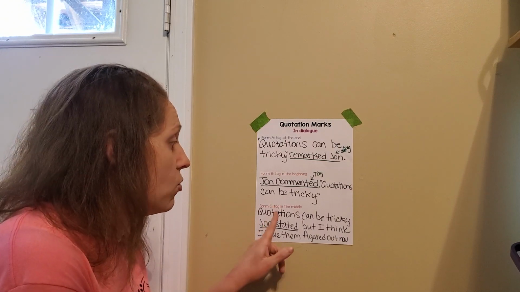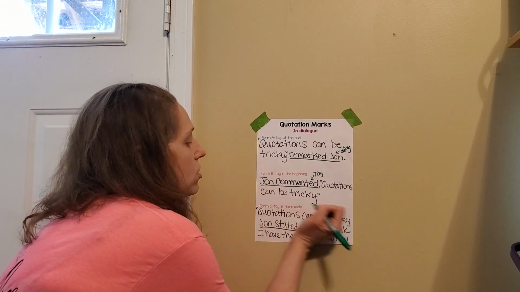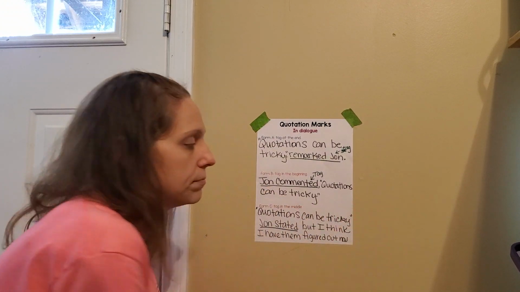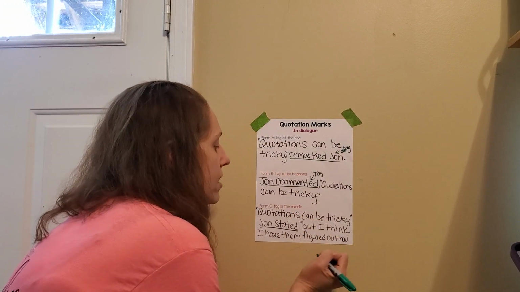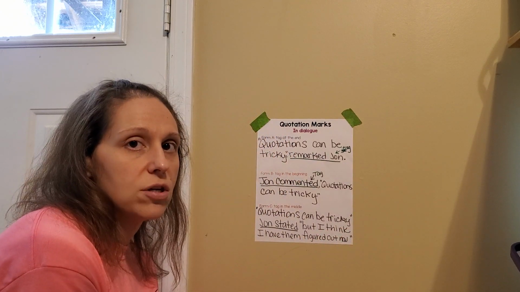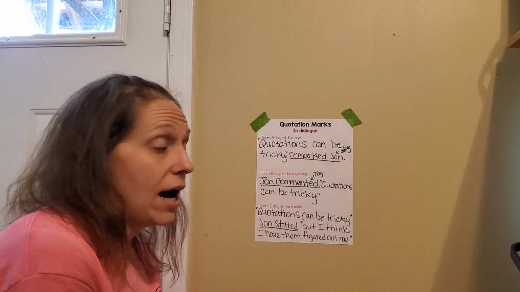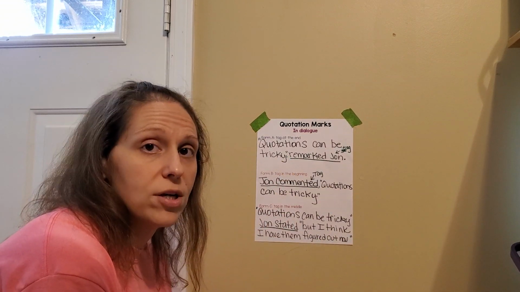John said quotations can be tricky. So I'm going to put quotation marks around what he said. He also said, but I think I have them figured out now. There's my quotations. I'm not done. I still need to add my commas and my ending punctuation mark.